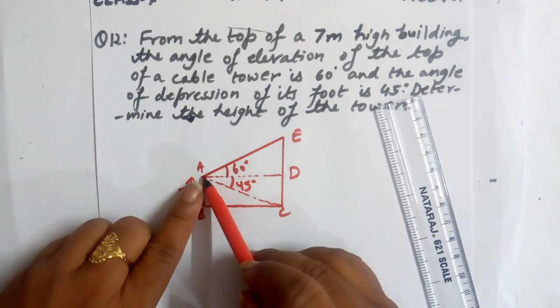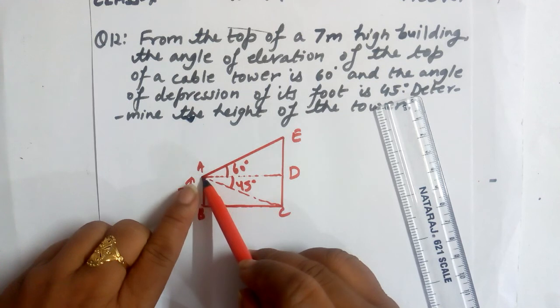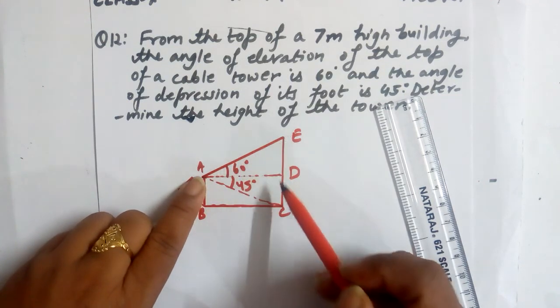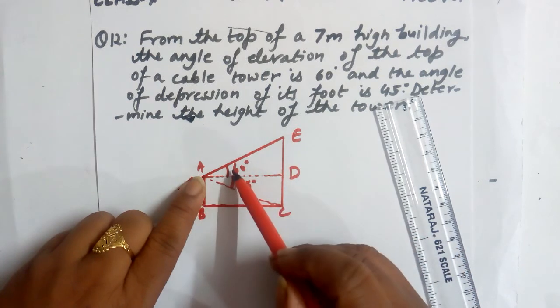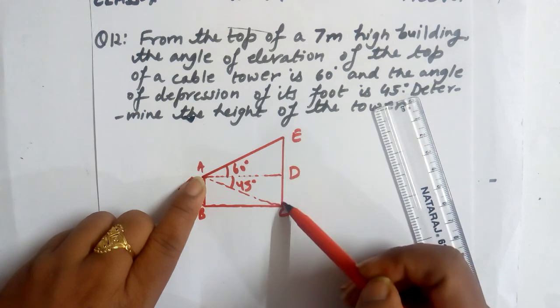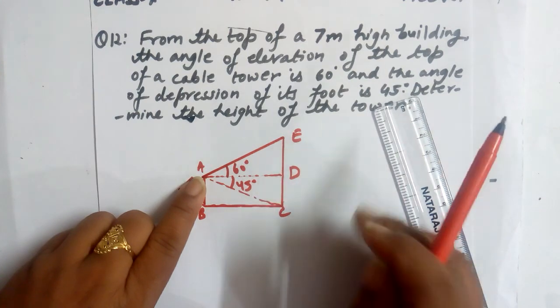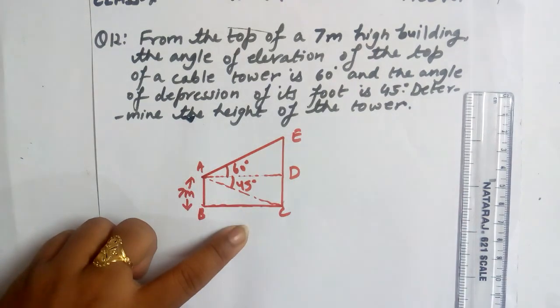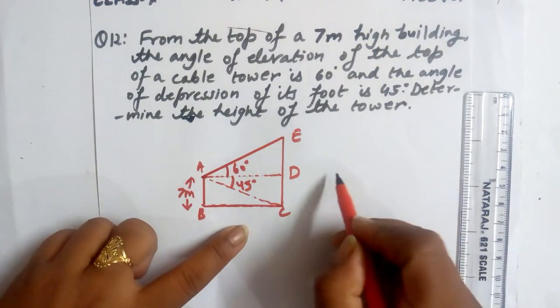So from the top of the building AB, the angle of elevation to this cable tower is 60 degree and the angle of depression to the foot of the tower is 45 degree. Now what we need to find out is, determine the height of the tower, okay.